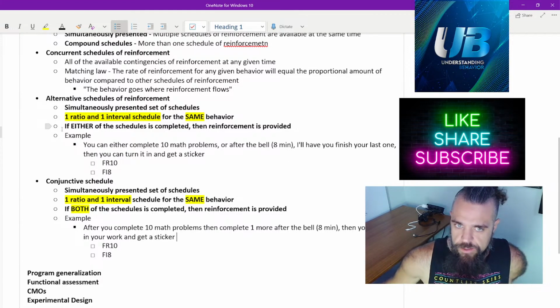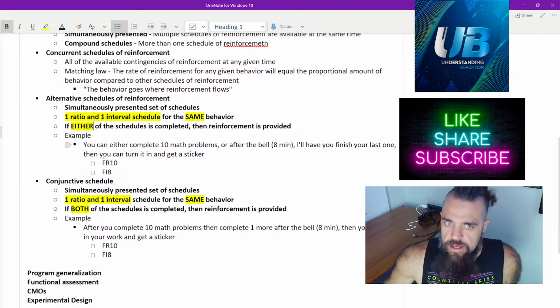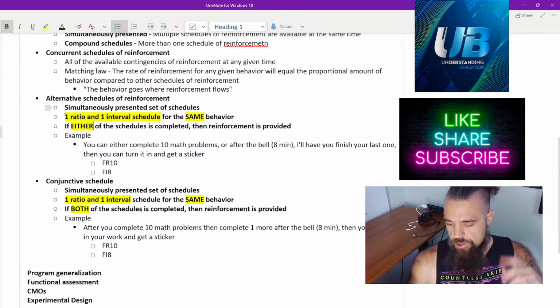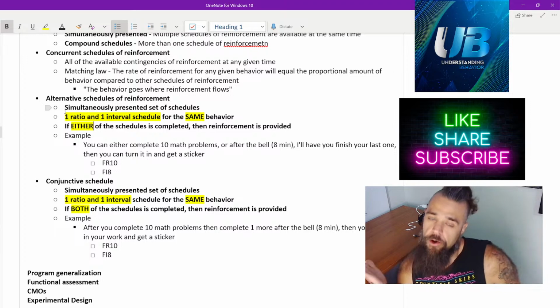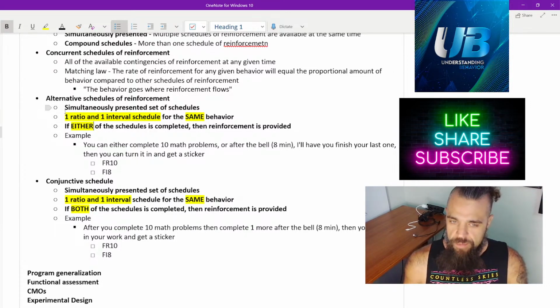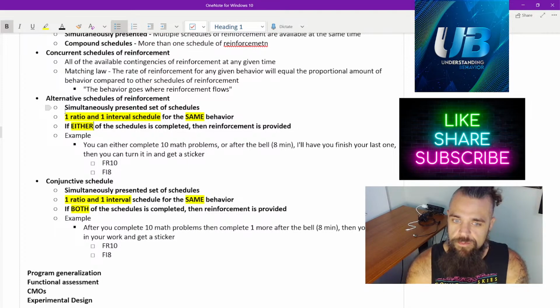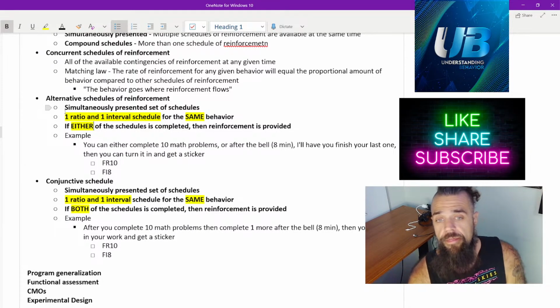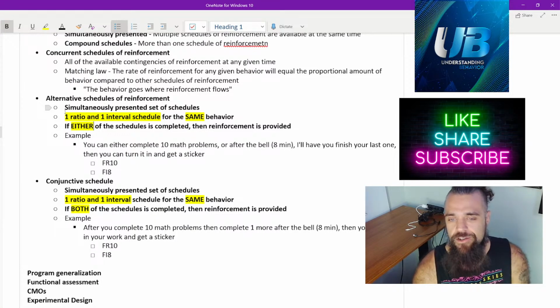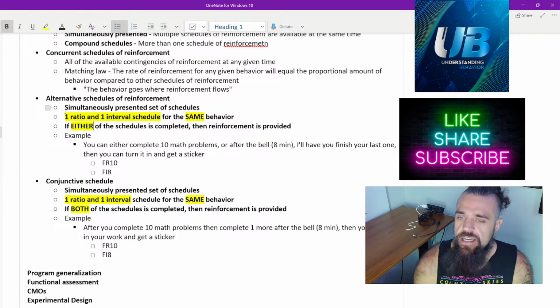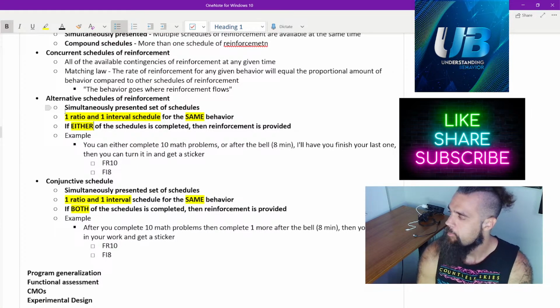The only difference between alternative and conjunctive is that in alternative, you can do either or. So we can choose one option or the alternative option. But in the conjunctive schedule, we must tackle both, or conjoined twins, both of these schedules. Both the ratio and the interval schedule must be completed, then the reinforcement is provided.